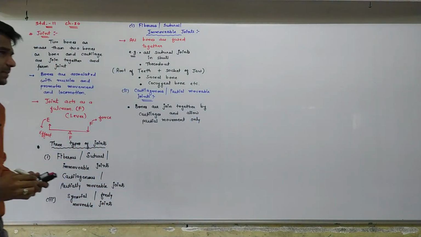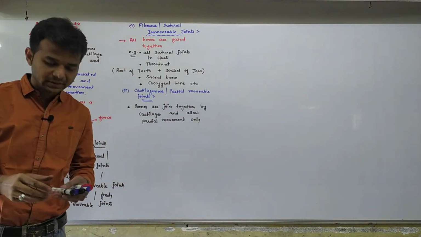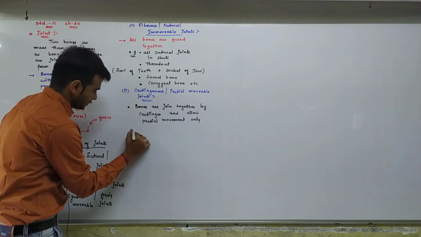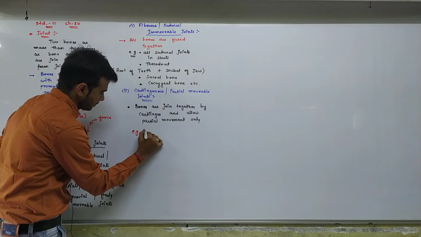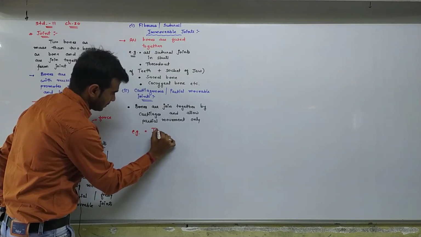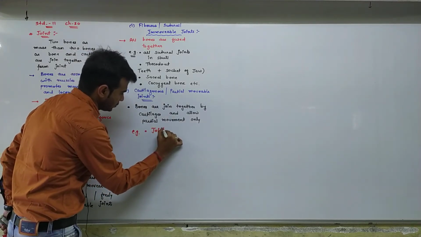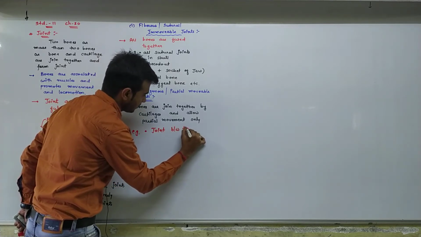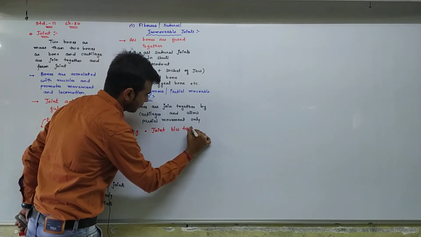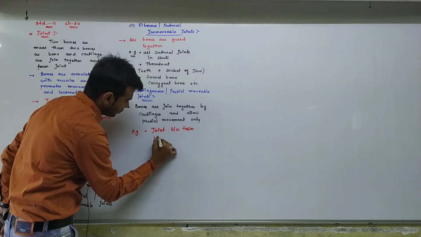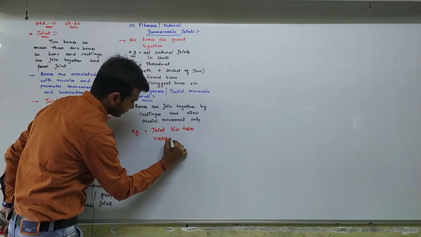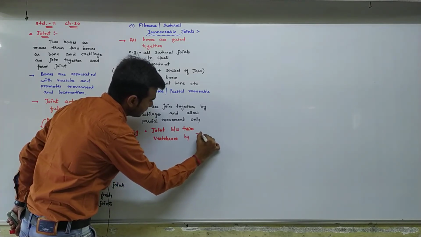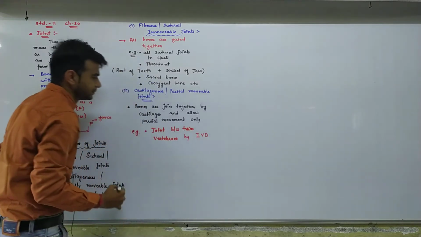A little bit of movement occurs inside it. Just for example, the joint between two vertebrae by intervertebral disc.